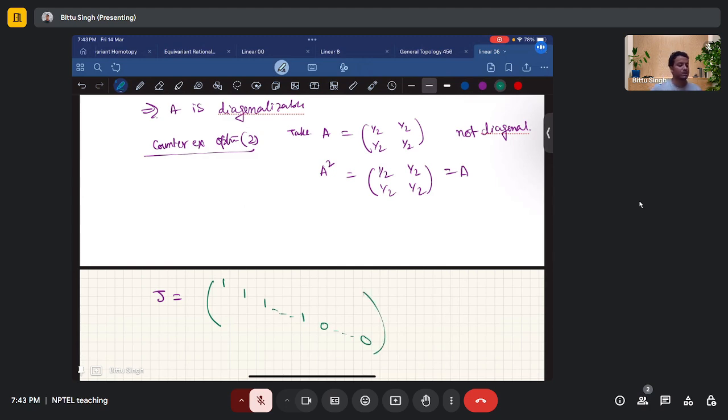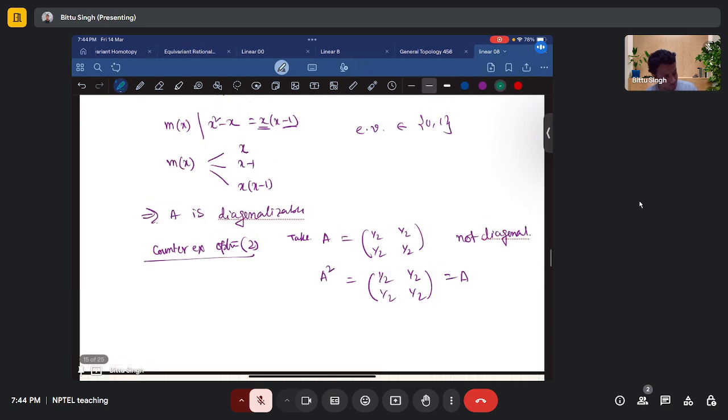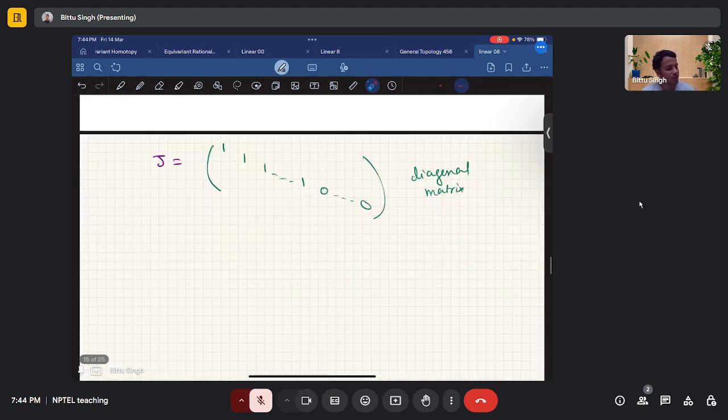And those are diagonal; that is, J is a diagonal matrix. It is diagonalizable, as I have already told, because in whatever minimal polynomial you choose, the factors x or x minus 1 appear only one time. So it is a product of distinct factors, therefore A is diagonalizable. So the Jordan form will take this form.